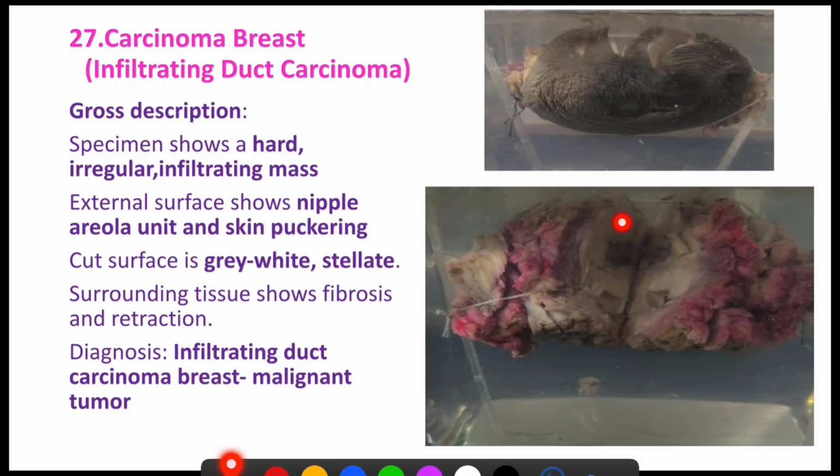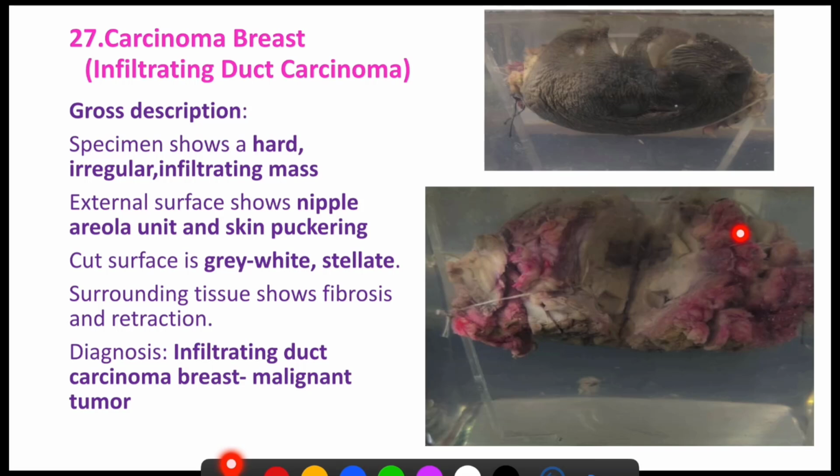Cut surface shows a homogeneous, hard and white mass which is infiltrating into surrounding fat tissue. This is grey white in appearance, stellate in shape, and this pink color is due to inking of the surface. Whenever we receive a specimen for tumor, we generally ink the specimen.